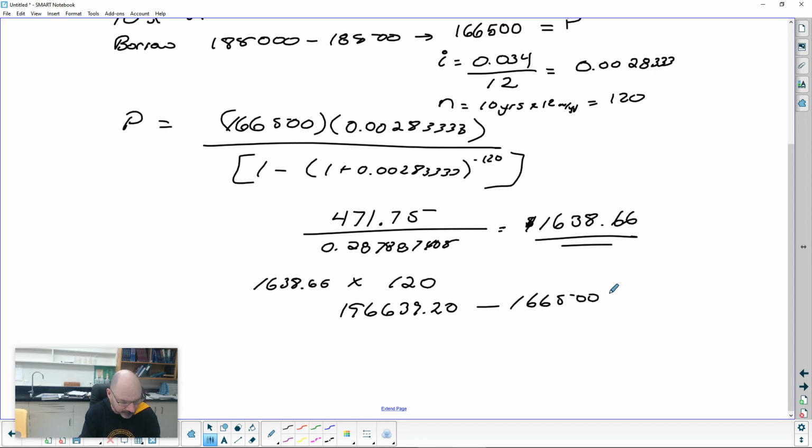Okay, so just take this and go minus 166,500. Okay, so I've paid over the 10 years $30,000 worth of interest for that house over 10 years.